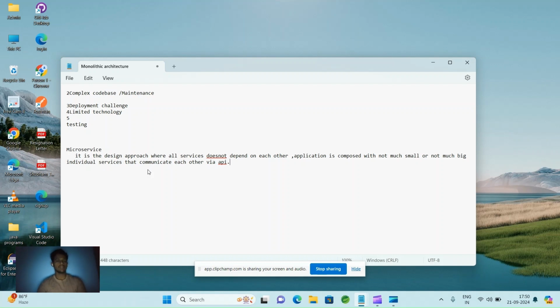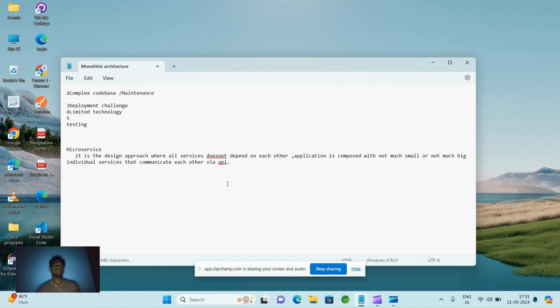So microservice is a design approach where all services do not depend on each other. They work individually. If our project is an e-commerce project, there are lots of services like product service, payment service, notification service, or order service.